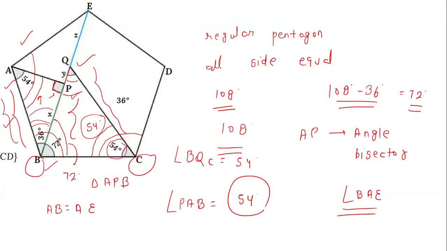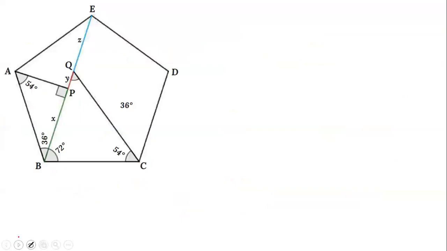This angle is 54 and this angle here is also 54, so both angles are equal. What is the meaning of this? It means BC length is equal to BQ length, because both angles are equal, so the sides opposite them are also equal.